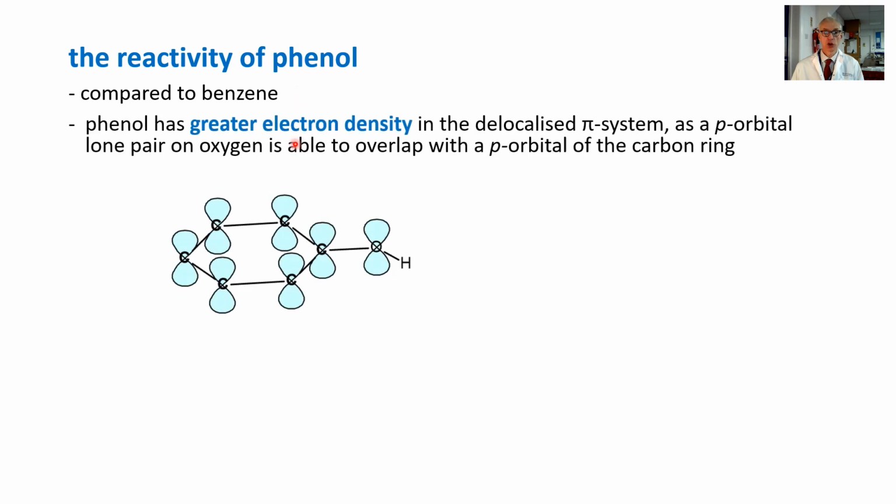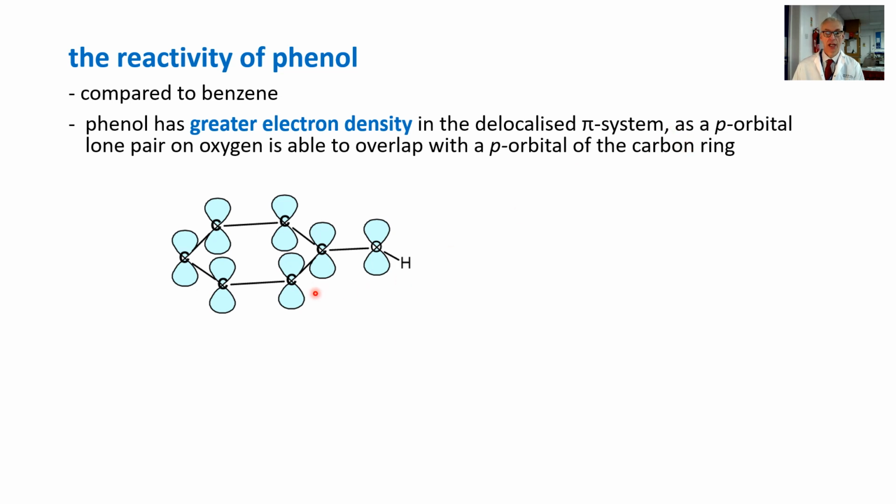So why is phenol more reactive than benzene? The crucial thing as far as the OCR A level is concerned is that you make a comparison between the reactivity of phenol and benzene. And this is related to the electron density in the delocalized pi system.